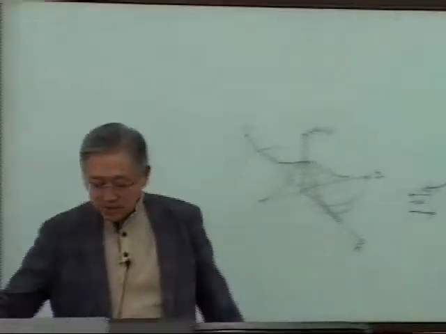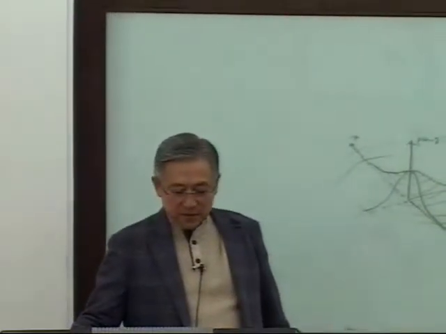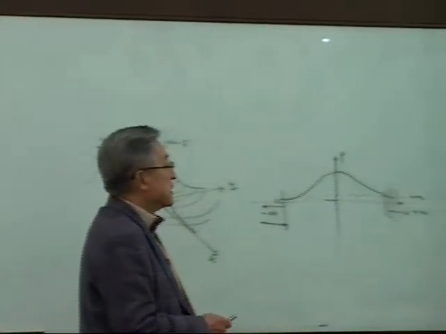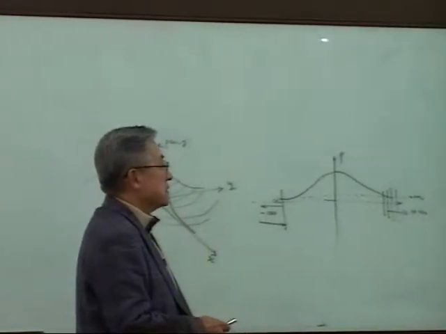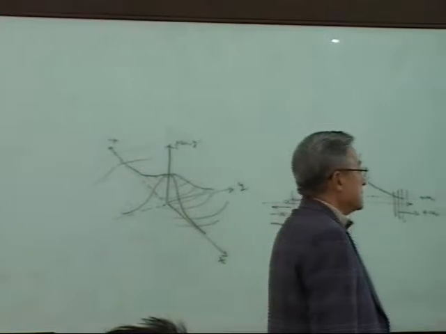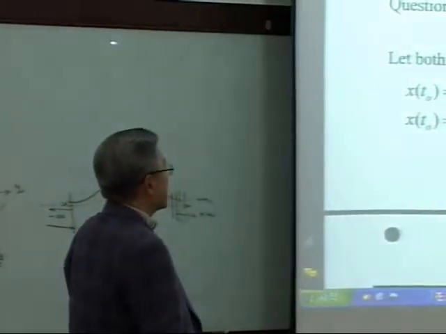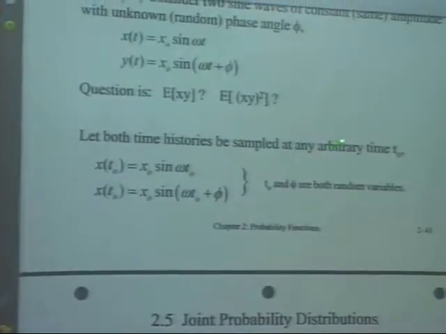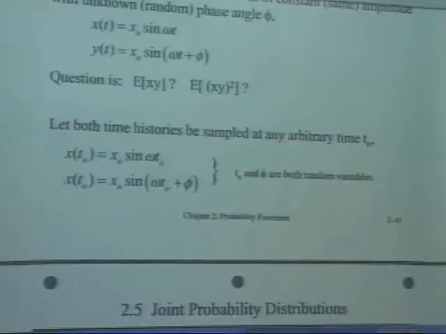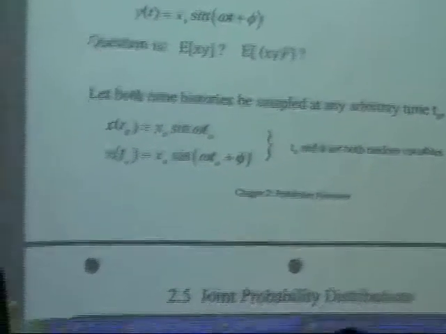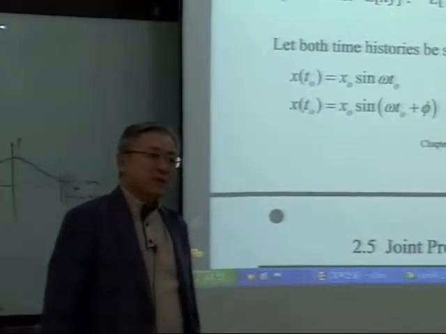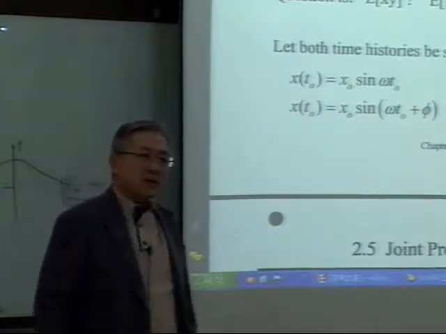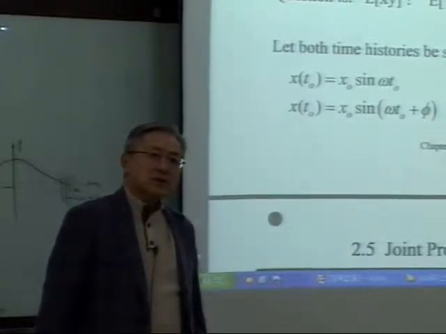So first, the example problem, I'll do. The second example problem, you do. So I'll do this and you do that after you return to your office. Let both time histories be sampled at any arbitrary time. So don't ever think, oh, phi, I can make a random variable. T naught, we never had assigned t as a random variable.